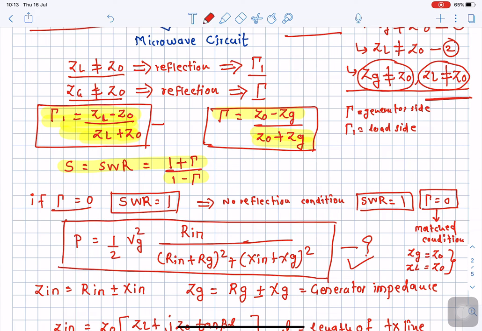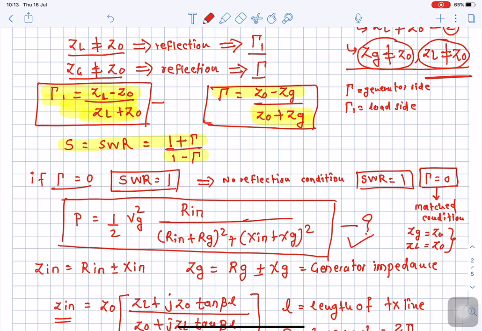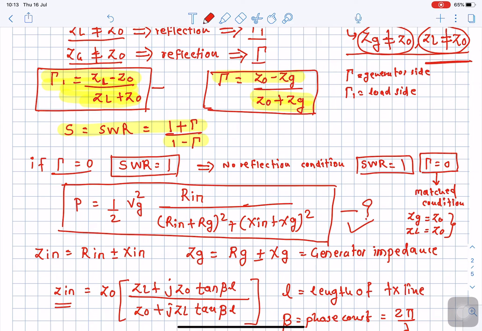Okay, so we can calculate the power in this particular condition, taking into account the complex load impedance which is connected at the load side. Similarly, the generator at the source is also going to have its own impedance. So the equation of the power that will get transferred from the generator side to the load side is given by this equation.